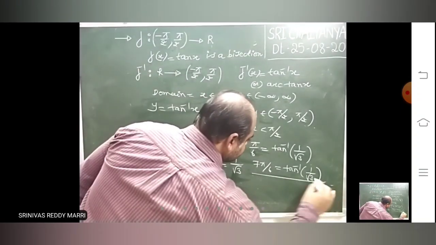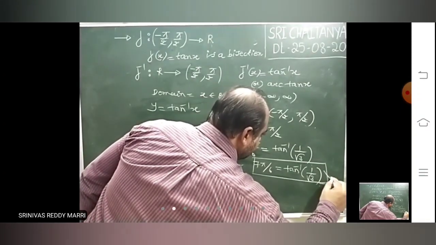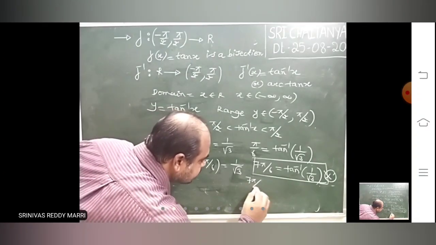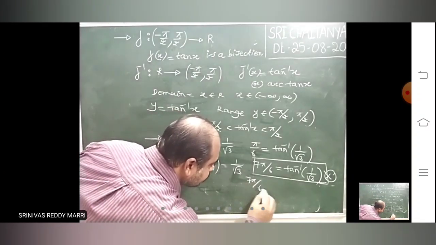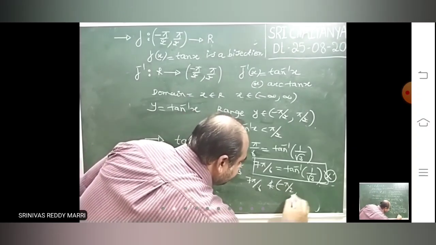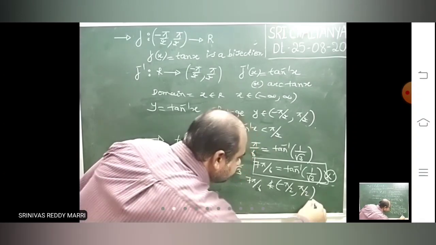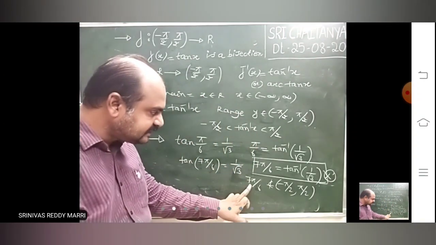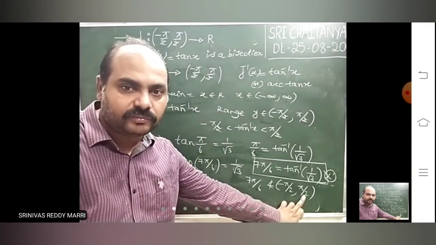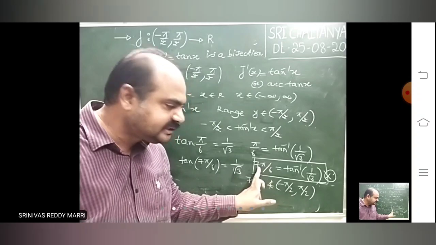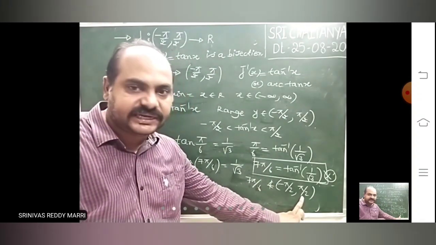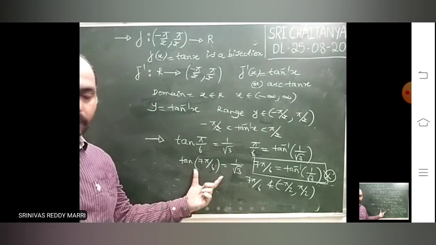This is wrong, because 7 pi by 6 does not lie in the interval minus pi by 2 to pi by 2. Tan inverse x values you will always get between minus pi by 2 to pi by 2. But 7 pi by 6 is not in this interval, so writing it this way is wrong.